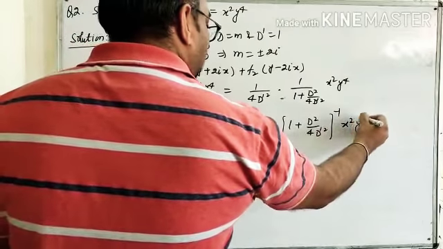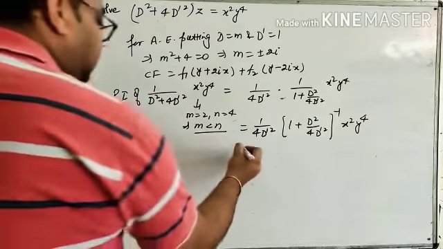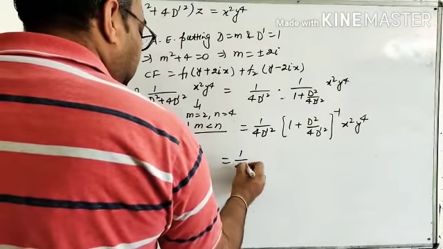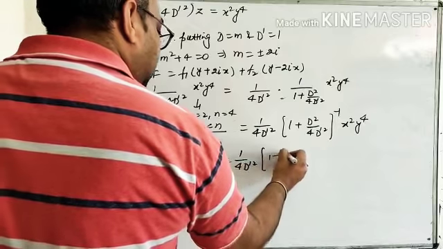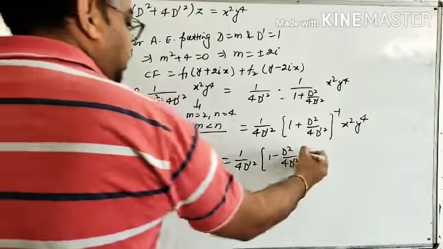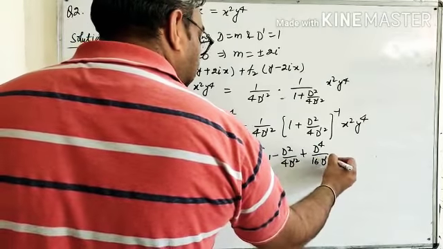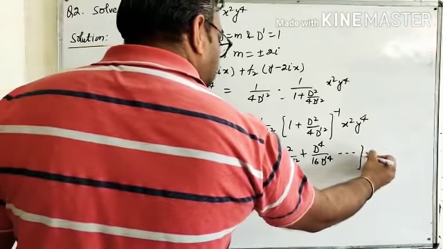Now we have to open it by binomial, and by binomial, (1 plus x) inverse can be opened as 1 minus x plus x square minus x cube and so on. So what do we get? 1 upon 4 D dash square, 1 minus D square upon 4 D dash square plus D raised to power 4 upon 16 D dash raised to power 4, and so on.